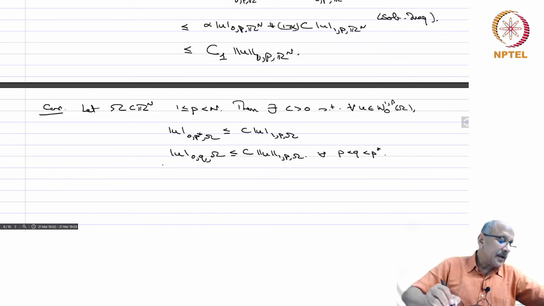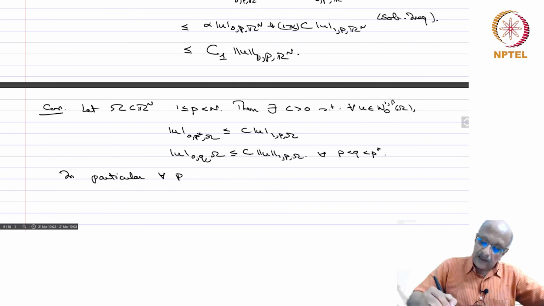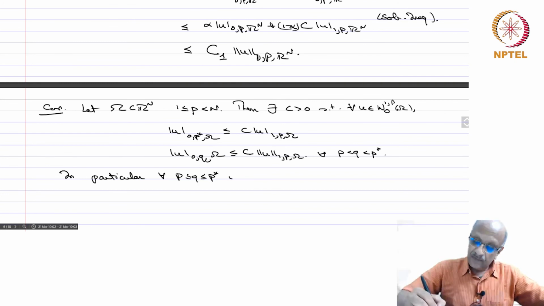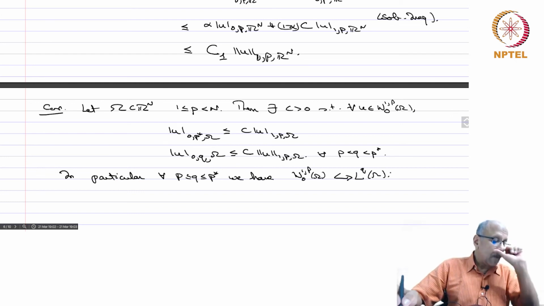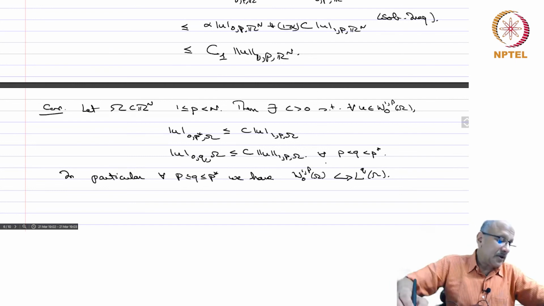And then in particular for all p less than or equal to q less than or equal to p star, we have W^{1,p}_0 of omega is continuously embedded in L^q of omega because of these inequalities.